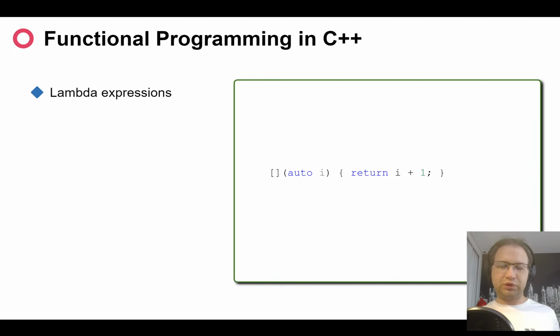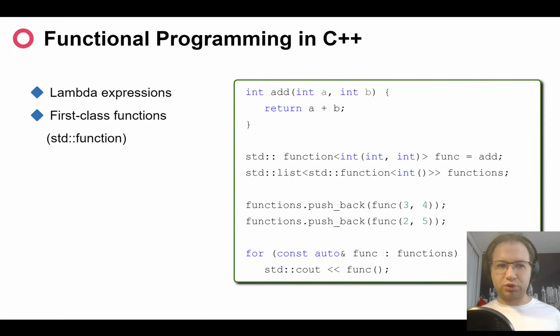The only pure language from all I'm displaying here is Haskell, but other languages more or less, well, maybe even Rust can be pure in some sense. Yeah, so C++ supports lambdas, you see that. C++ supports first-class functions, those functions that can be moved around and stored into values and then passed to other functions.